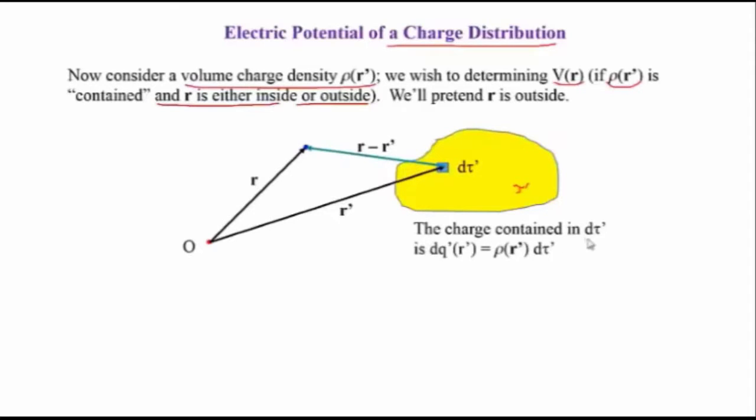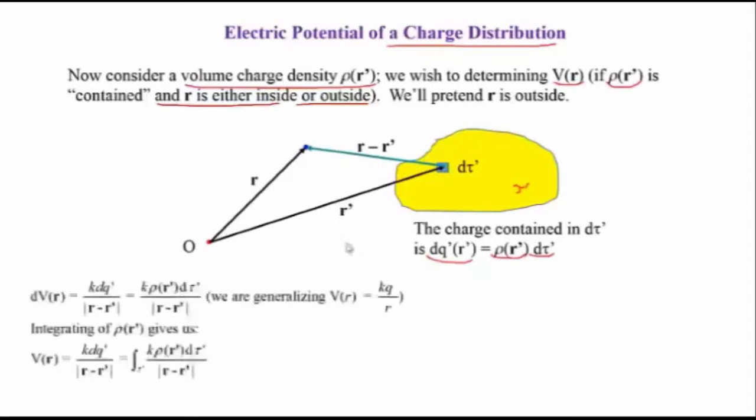The charge contained in this little volume element, we'll call it dq, r prime is equal to rho of r prime d tau prime. So going back to the way we talked about a point charge, we can consider that little dq as a point charge, and so therefore the differential of potential due to that point charge would be k times the magnitude of that charge divided by the scalar distance between the 2 points, and that's what this is right here.